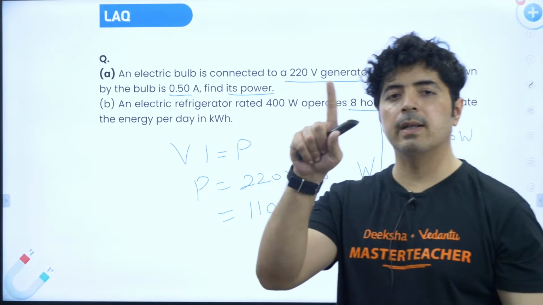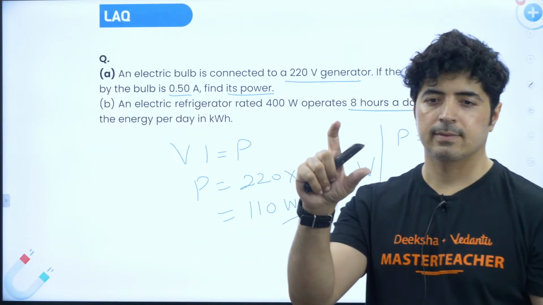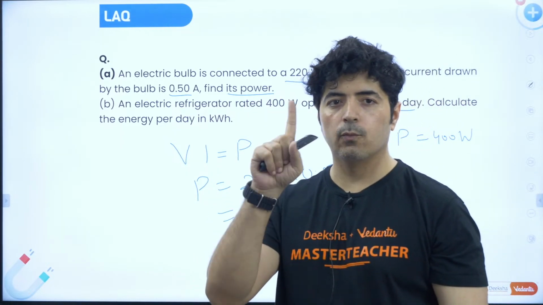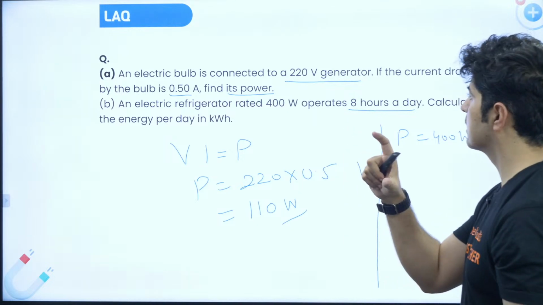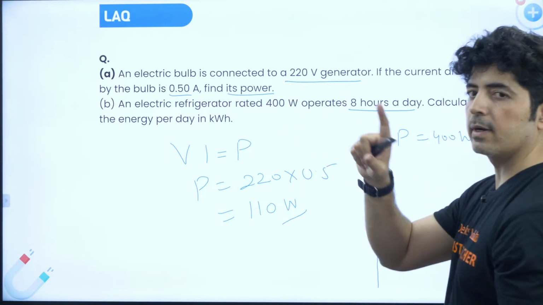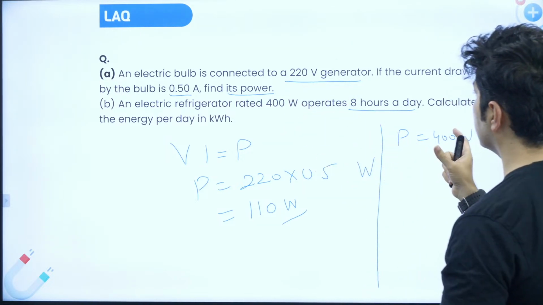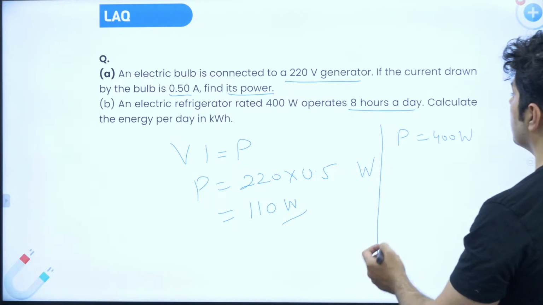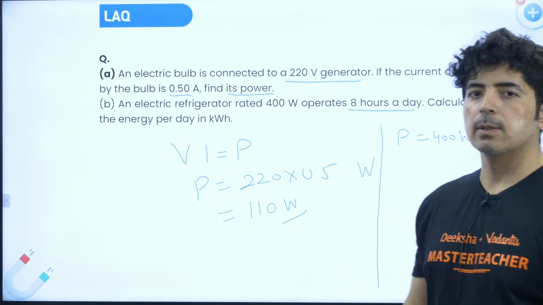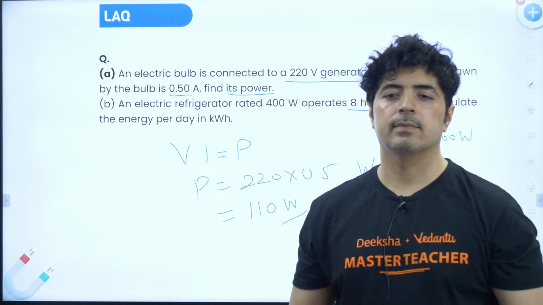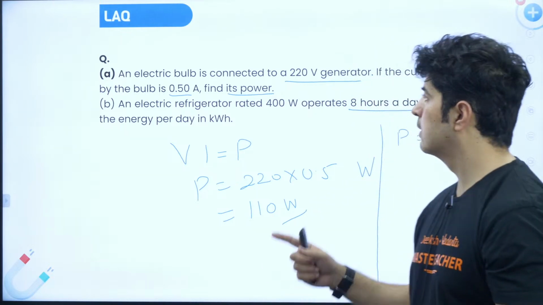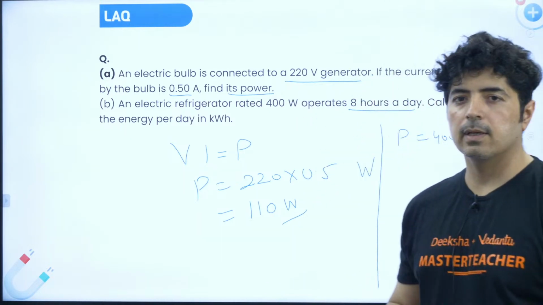So it means in one day, it runs 8 hours. Rated power is 400 watt. So we need to find the energy. What will be my energy over here? Simply power multiplied by time. So what is power? 400. What is time? 8 hours a day.